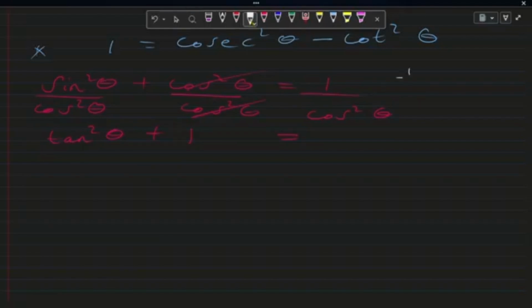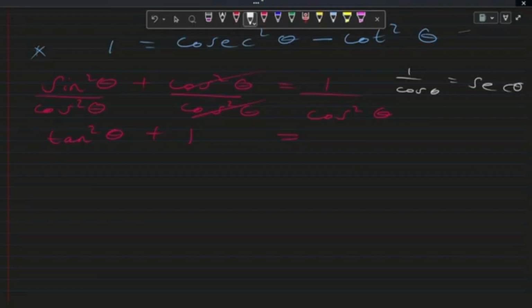Now you'll recall that previously we said that 1 over cos theta is basically the reciprocal of cos theta, which will give us sec theta, like this. Now, if we have 1 over cos squared theta, then that will give us sec squared theta, okay?